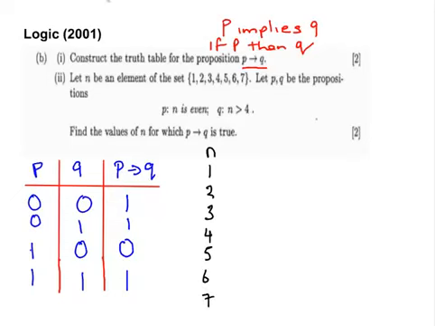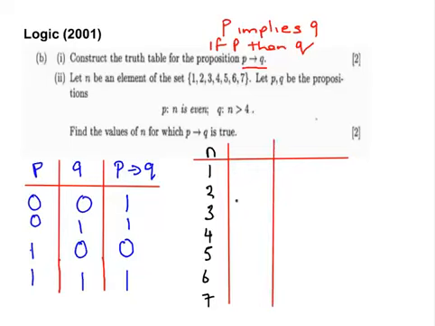Now, what we're going to do next is see, are these values true for P and are they true for Q? So, again, we set up a little truth table here, very similar to what I've done last time. What will be helpful for us in the first instance is to go through the values and tick them off one by one.